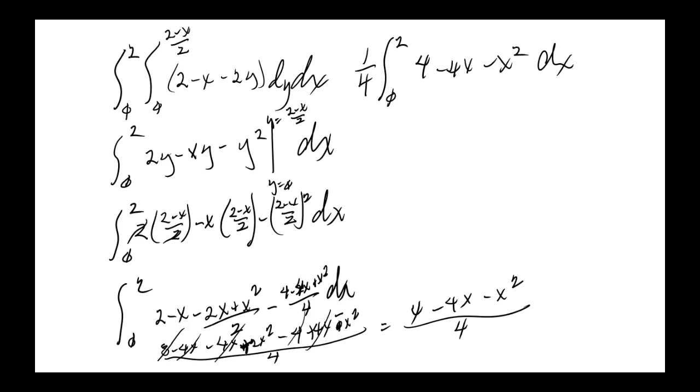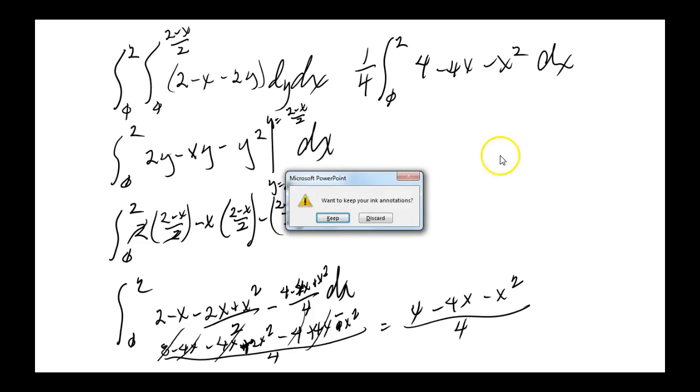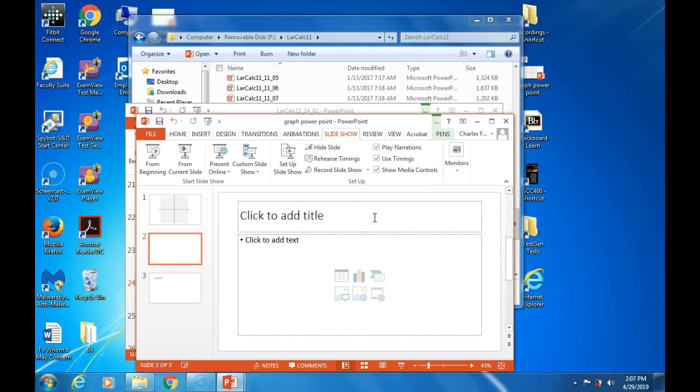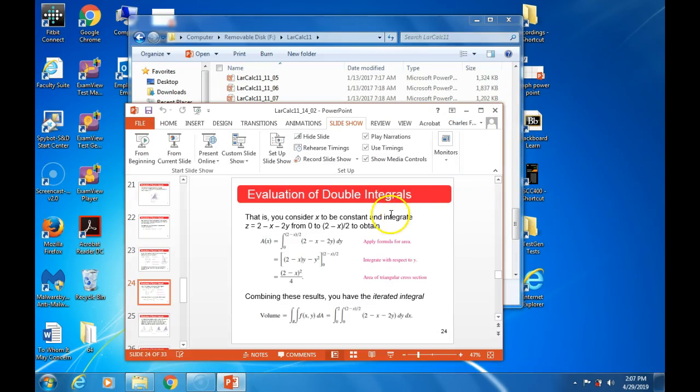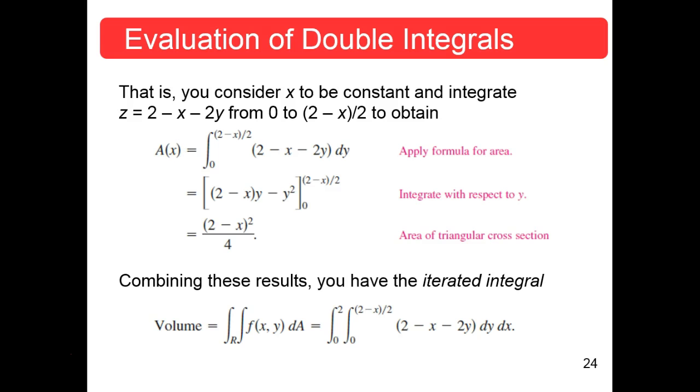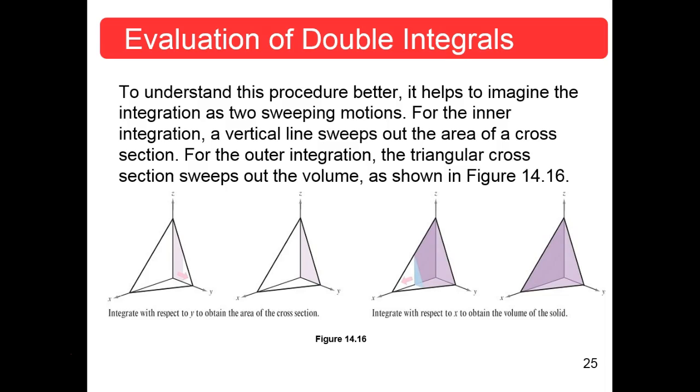So rather than carry it any further, from there on it's just a single integral. They don't give an answer, so let's not spend any more time on it. Let's get out of this and back to where we were. That was the integral we were just doing, and they didn't give an answer for it anyway.